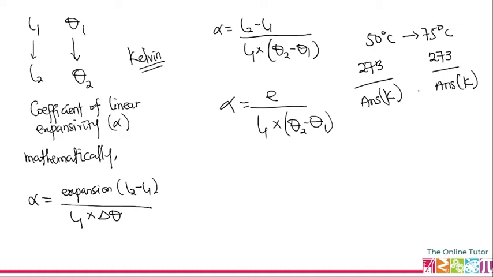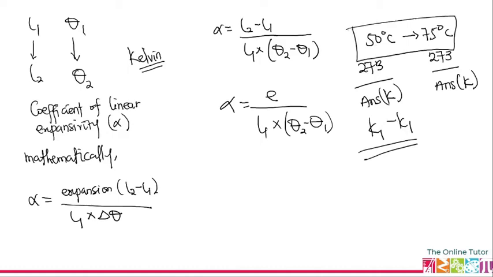You realize that after adding 273 to both, if you subtract the answers, you will get the same result as if you just subtract 50 from 75.